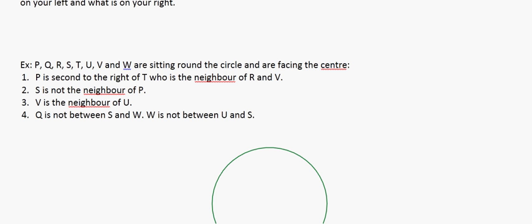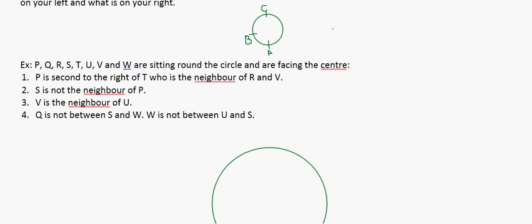So for example, if you have, let's say, this circle, A is left to B. So if A is here, B is here, and B is left to A, and then it says B is right to C, right?